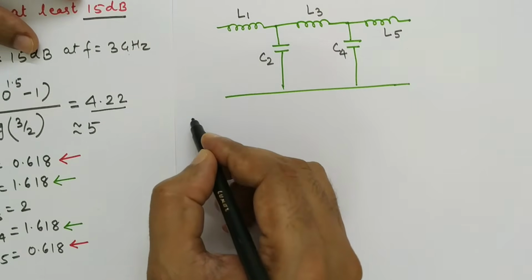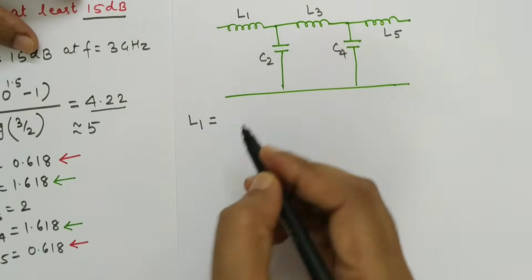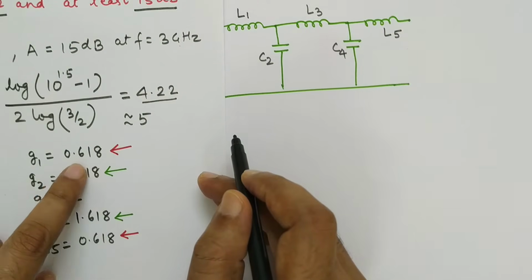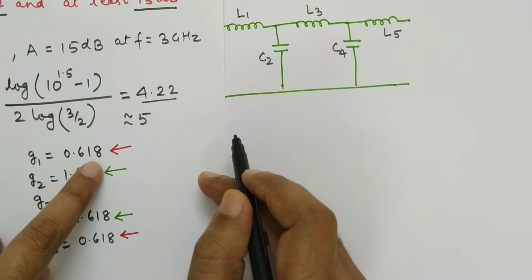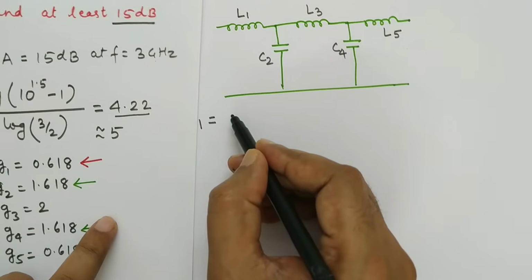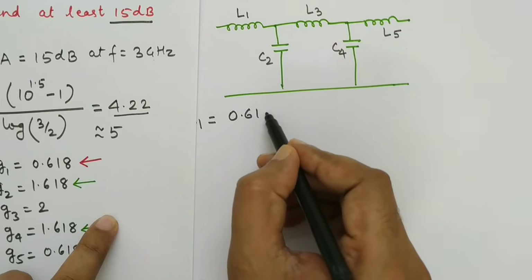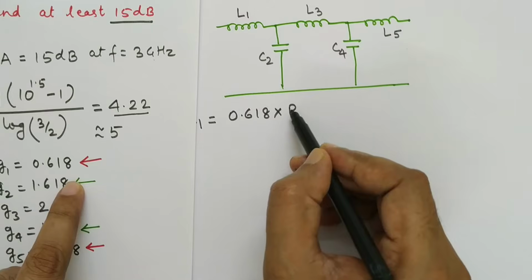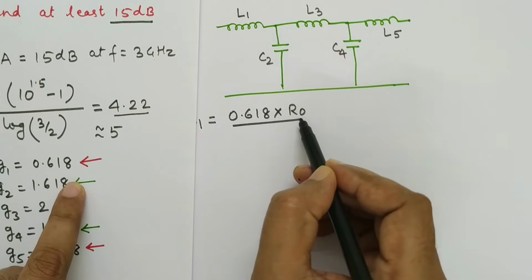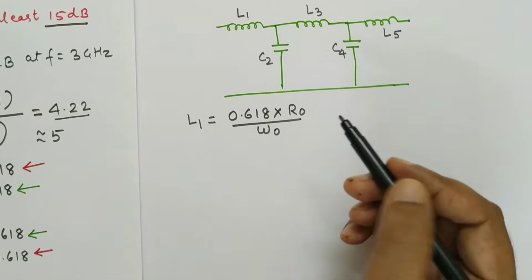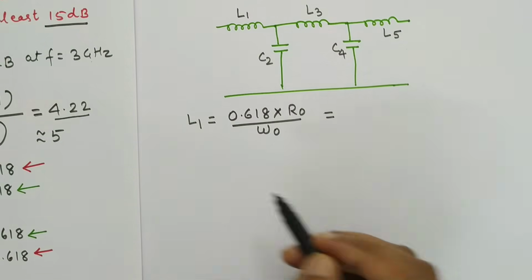For the first one, L1 equals, as we have discussed in the last class, for an inductance, for impedance scaling, we just multiply by the impedance. So 0.618 multiplied by impedance R0, then divided by the frequency, omega c, for frequency scaling, and we can calculate the value.